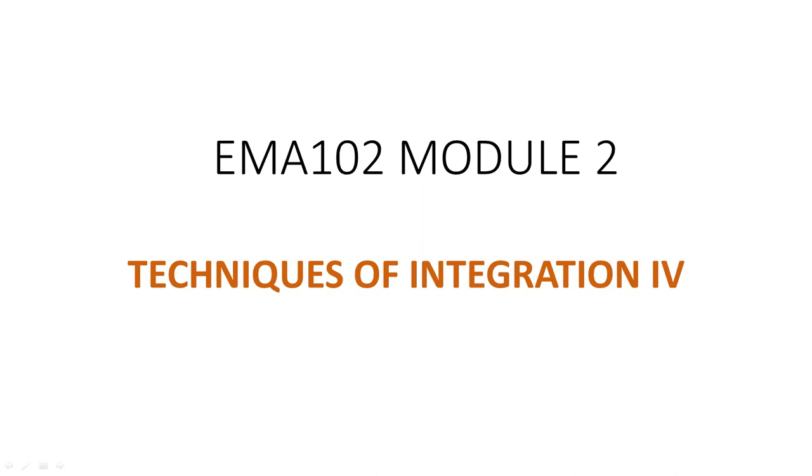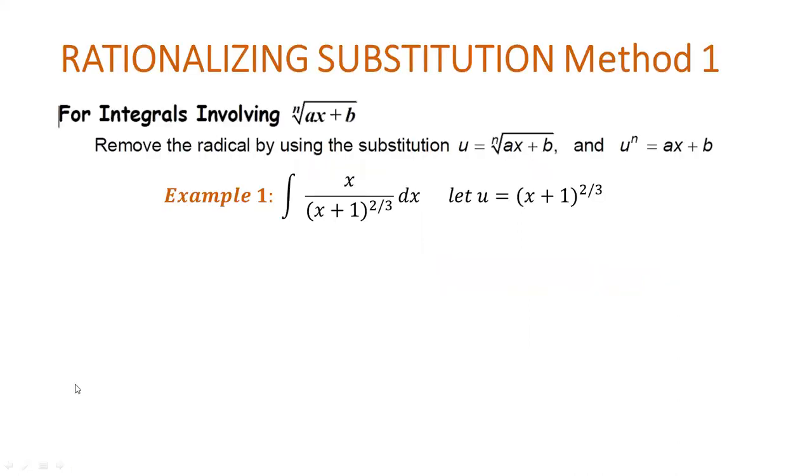Okay, so let me start with this. Now, when do we use rationalization? Whenever your integral involves an expression or a set of expressions in which the exponent is not a whole number, or it's suggested that most of the time its exponent is fraction in form. So let's say, for example, this n is 3 or 5 or 7.